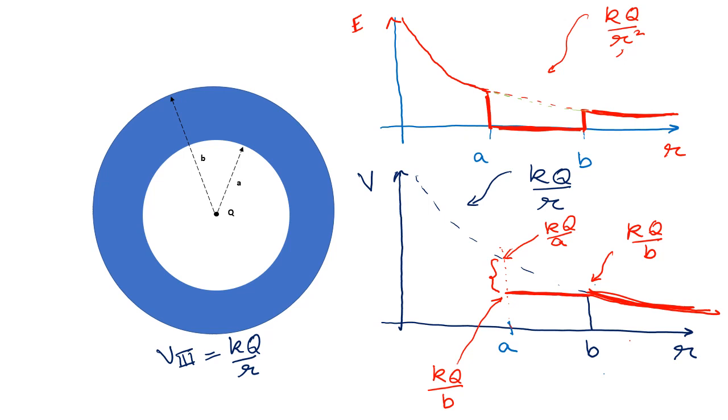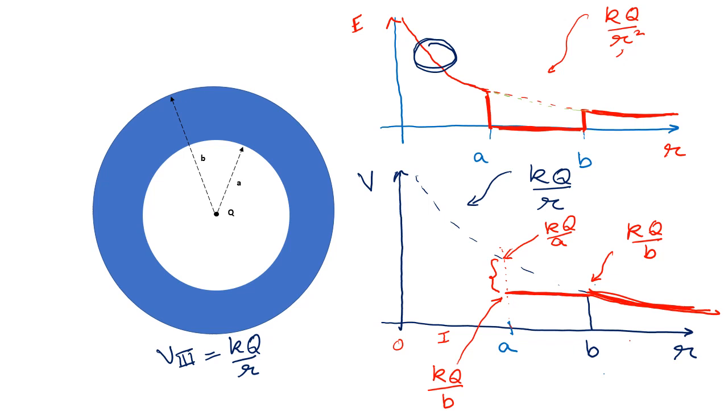Once I go to my region where R is less than A, I am still facing the same electric field due to a point charge here. My electric field remains the same as if it was a point charge.